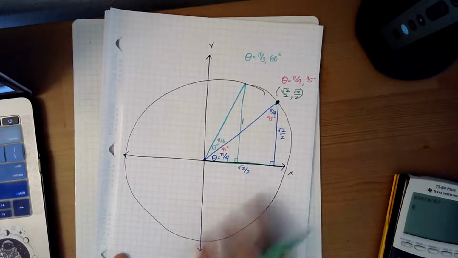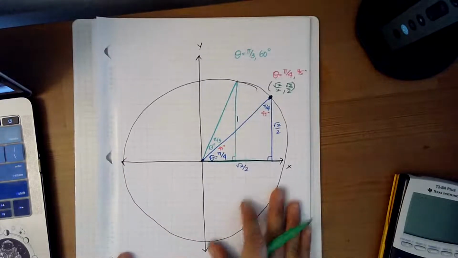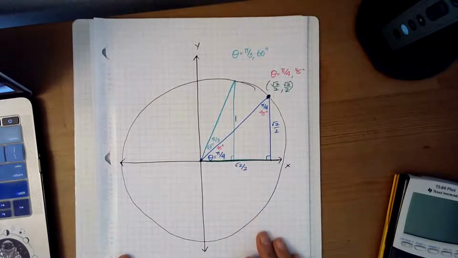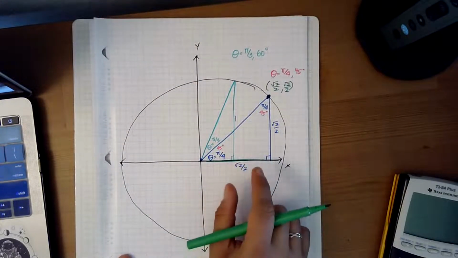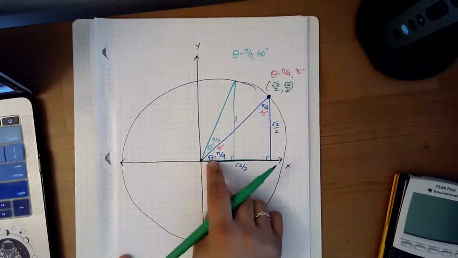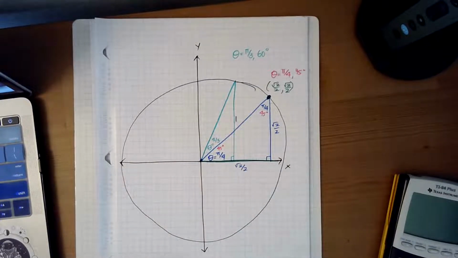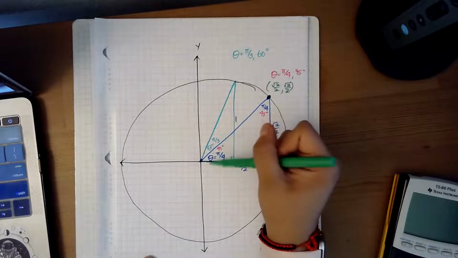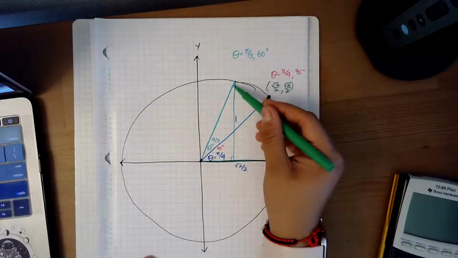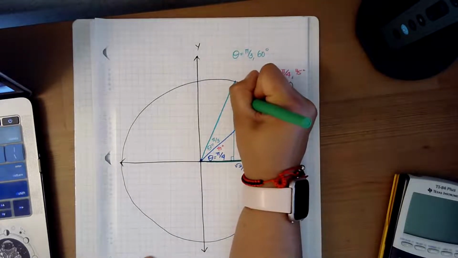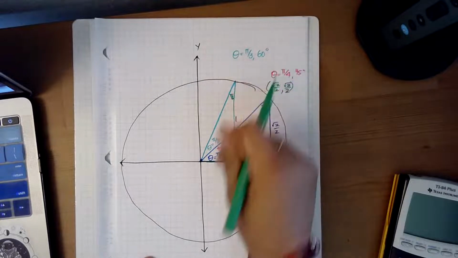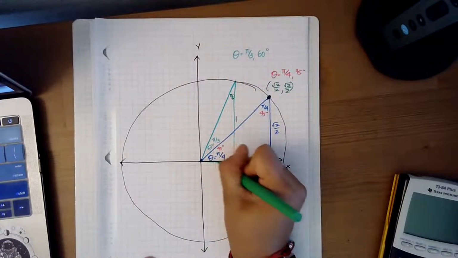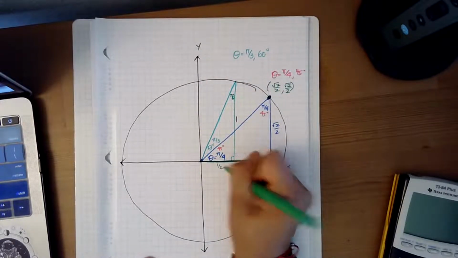In fact, I'm going to be extending this over to all the quadrants. Your triangle must have one of its legs on the x-axis. That's one of the rules. So again, remember, pi over 3 means across. This one right here is pi over 6. Across from pi over 6 is always 1/2. So this distance right here is going to be 1/2.